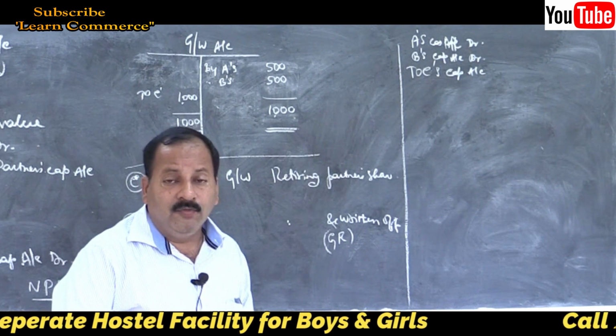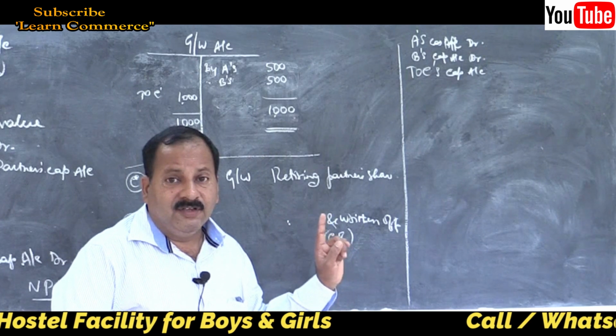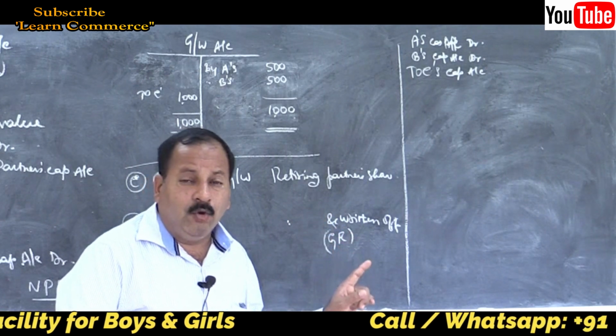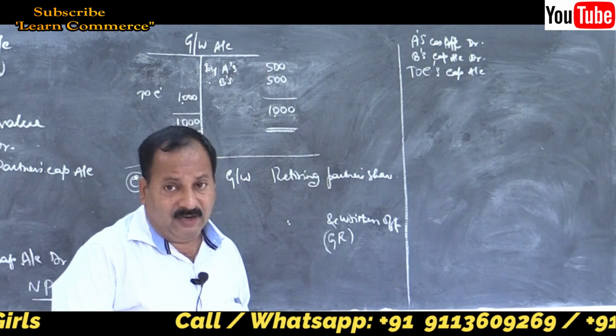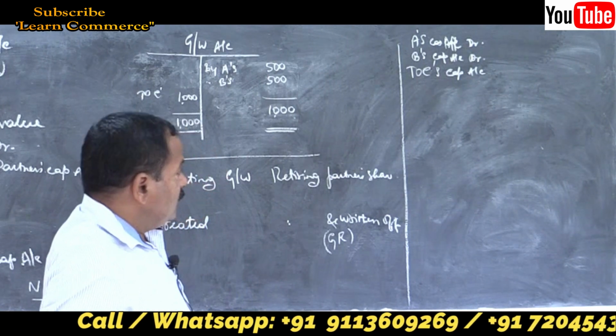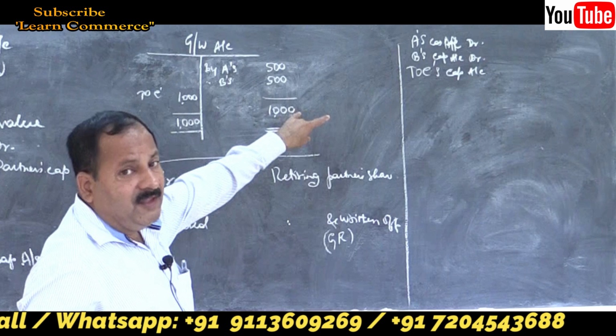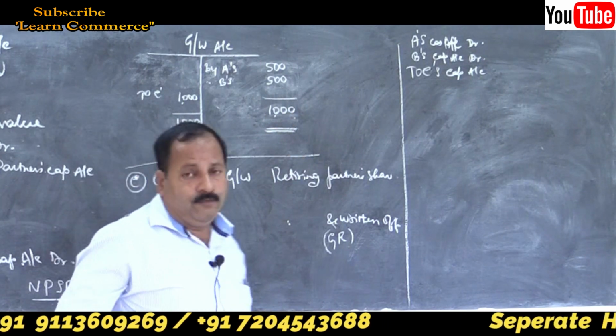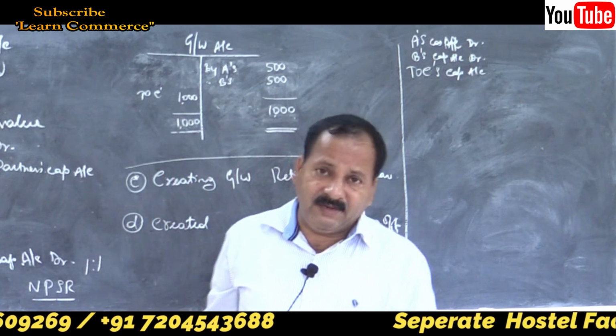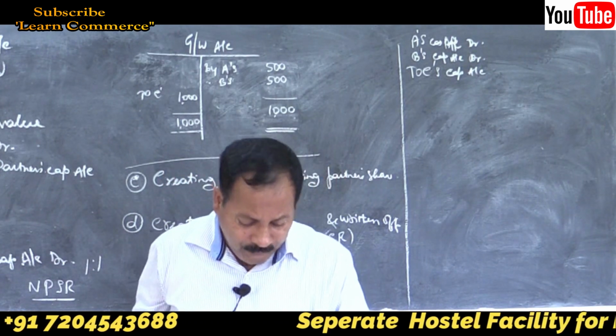That is how we will treat goodwill. We will create goodwill without raising the goodwill account. So here the word goodwill will not come in the entire solution. So these are the 5 methods of treatment of goodwill. I think it is very clear for you.